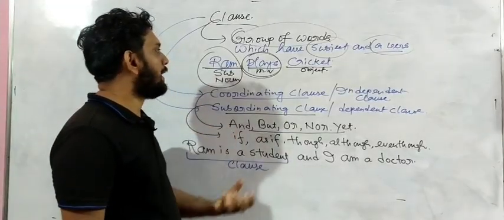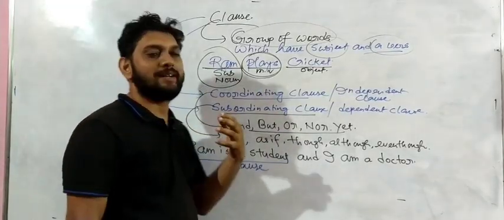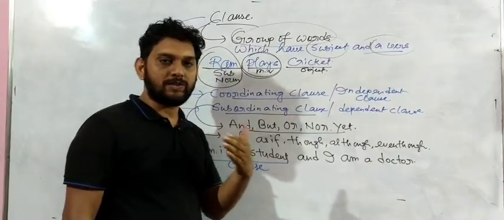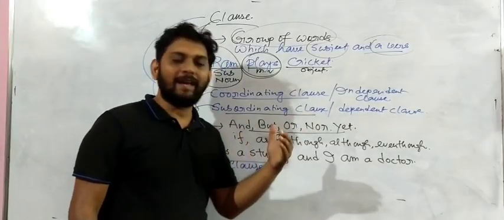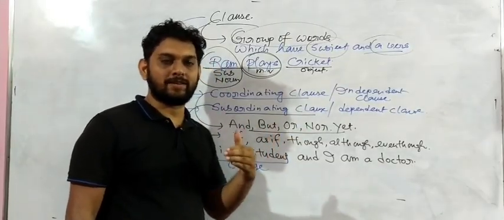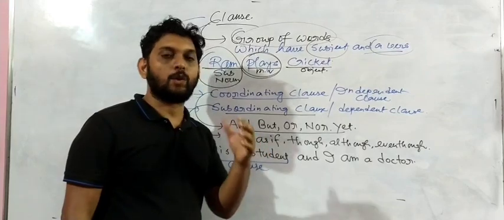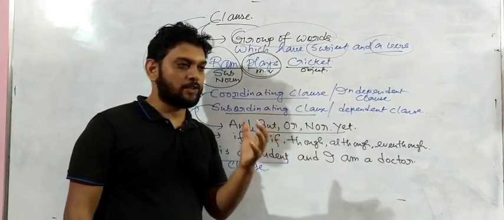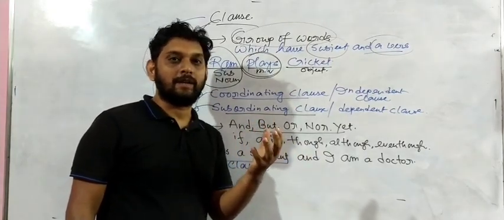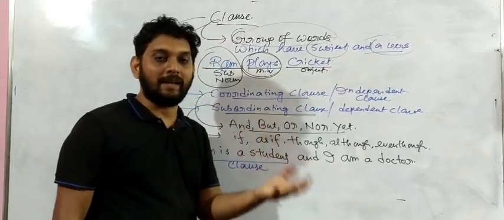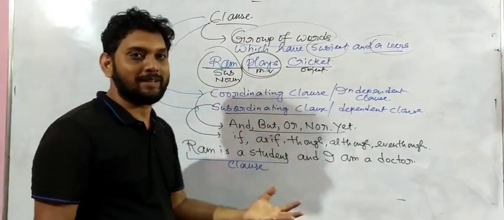And you might ask me, sir, what is the difference between clause and sentence? Already I told you, sentence always expresses its own meaning. It must have the meaning of this sentence.